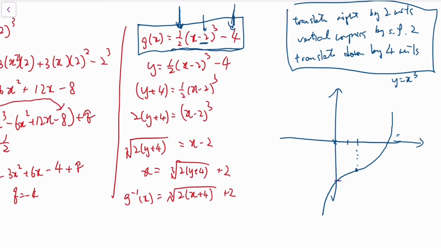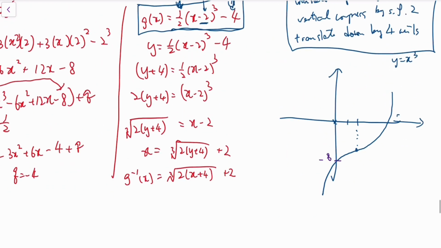For the y-intercept, I just make x 0. So that would be 0 minus 2, which is minus 2, cubed. So it's minus 8, times a half, minus 4, which is minus 4 minus 4, minus 8. Okay. And then for the x-intercept, we have the thing equal to 0, so x minus 2 cubed is 8.